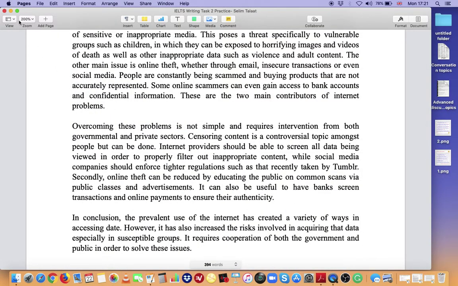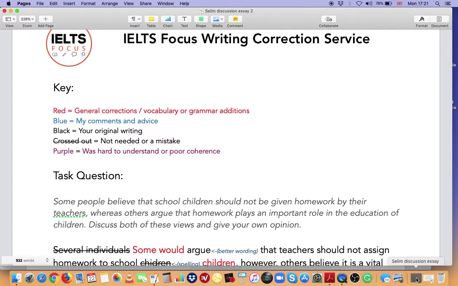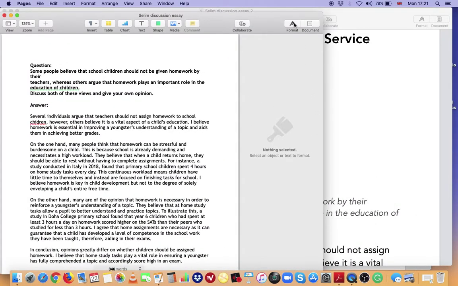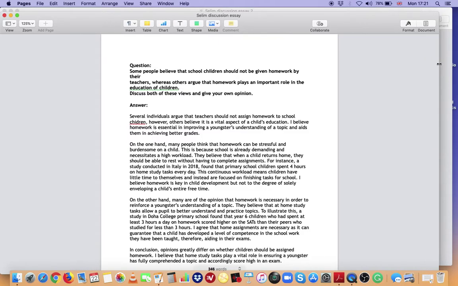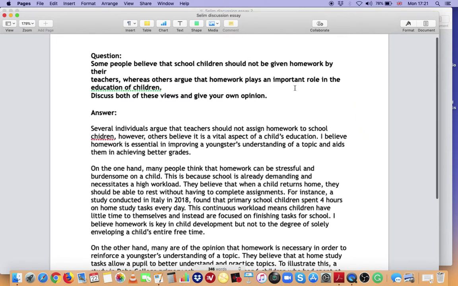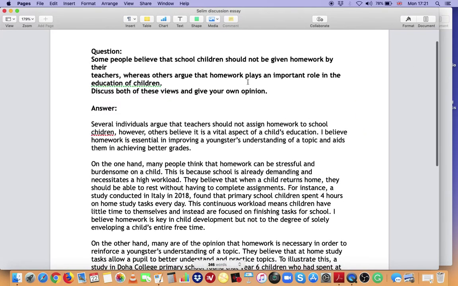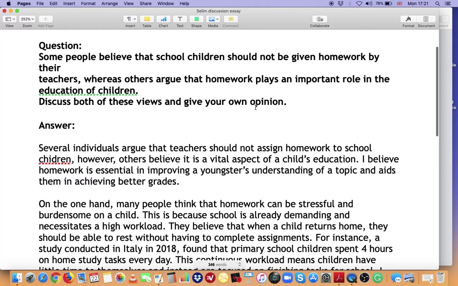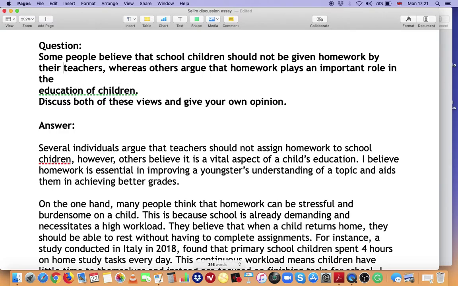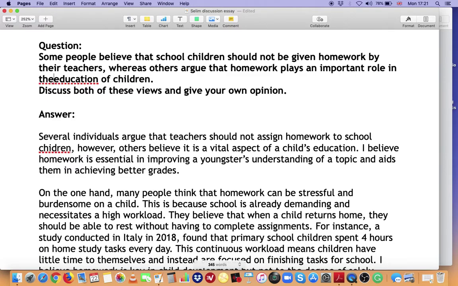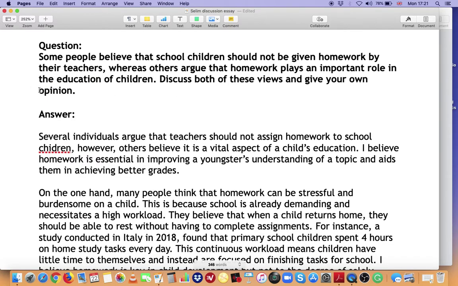Now, after a few more corrections, we can now look at his last essay. He sent a few more in between, and this was a discussion essay. So some people believe school children shouldn't be given homework by teachers, whereas others argue that homework plays an important role in the education of children.